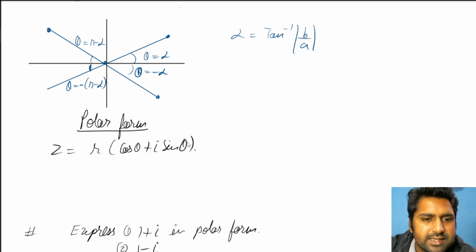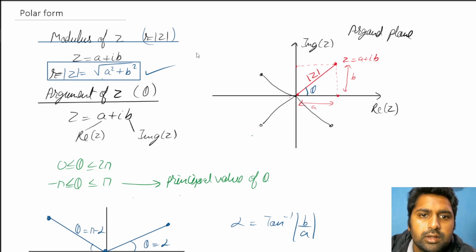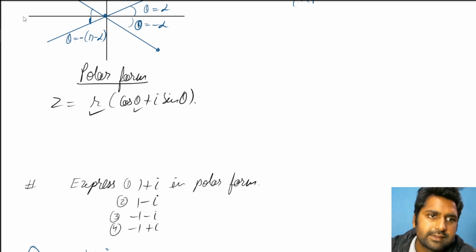And what is this r? This modulus, the modulus of z, is known as r. So we need to calculate only the value of r and the value of theta, and write it like this. That's it. It's as simple as that.